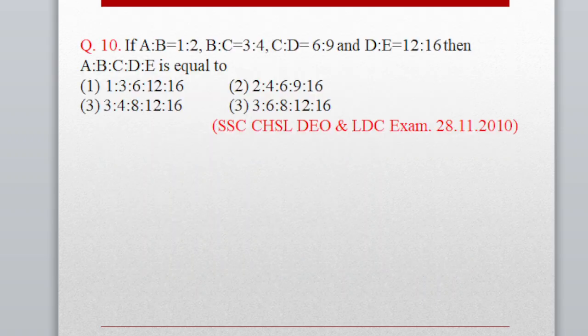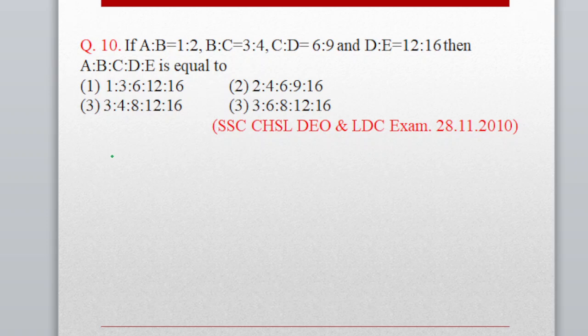Question number 10. If A is to B is equal to 1 is to 2, B is to C is equal to 3 is to 4, C is to D is equal to 6 is to 9, and D is to E is equal to 12 is to 16, then A is to B is to C is to D is to E is equal to dash.